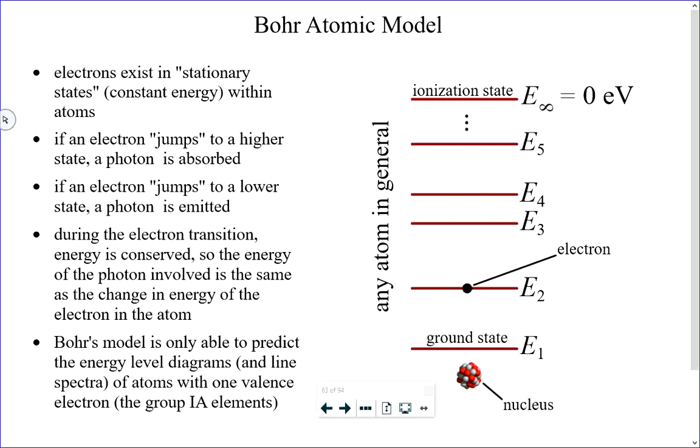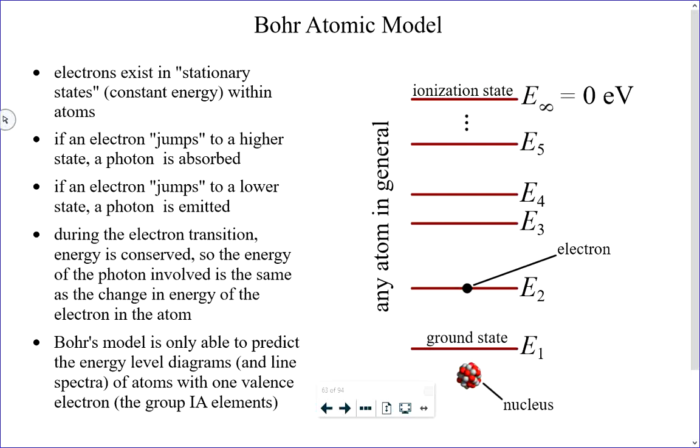But when you look at the hydrogen energy level diagram that I gave you yesterday, there's a nice sequence in terms of the spacing of the energies. From E1 to E2 is quite a large chunk of energy, and then 2 to 3 is less, and 3 to 4 is less, and it just keeps getting smaller and smaller. There's no rhyme nor reason to what happens with anything outside of group 1A.